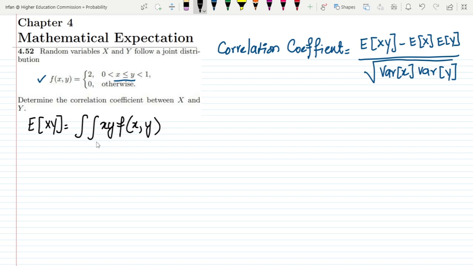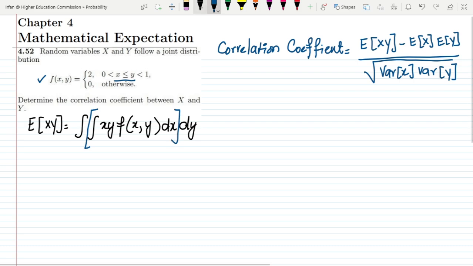The first integral would be of dx, and the second one would be of dy. This will be the integral for x, and after we find it out, we will have to find out the overall integral. So let me write out the values of these integrals.